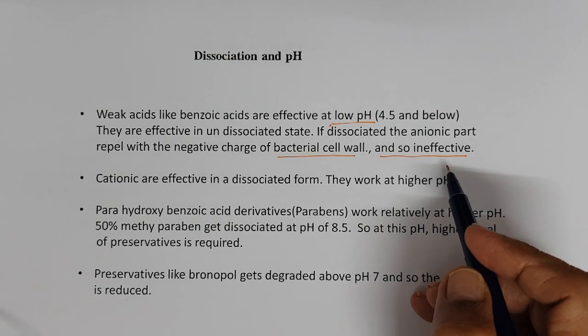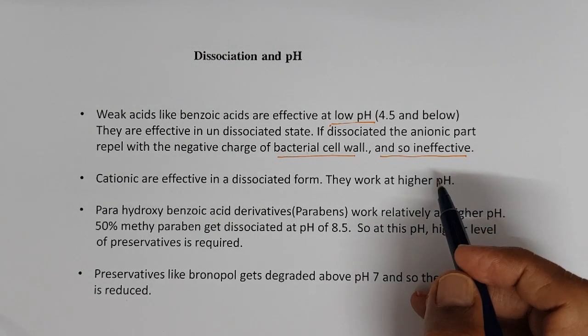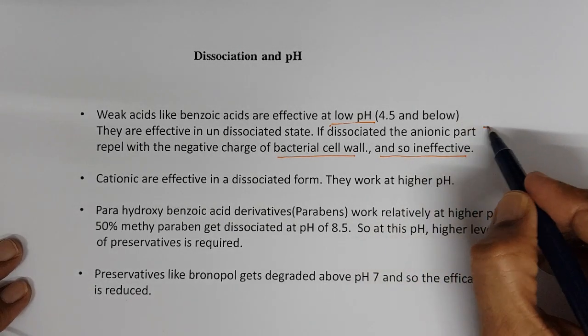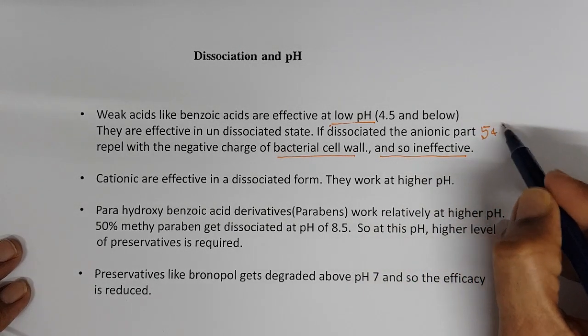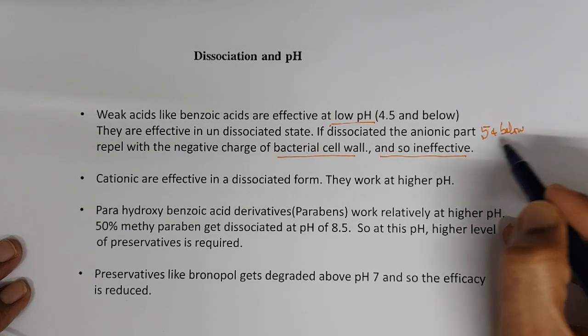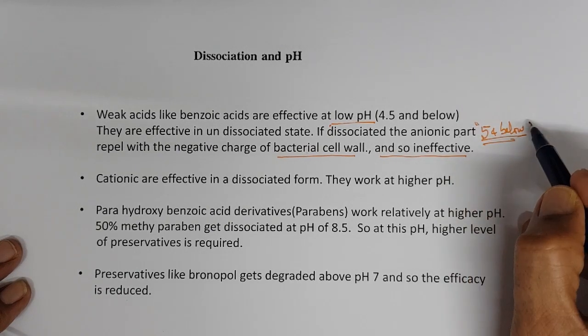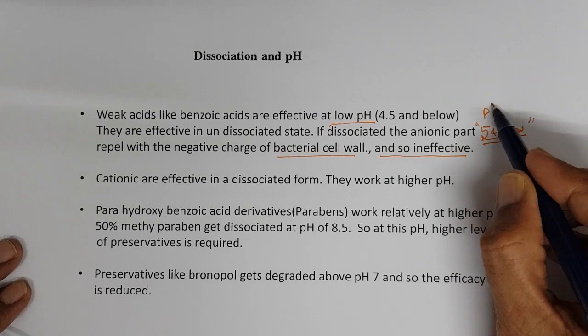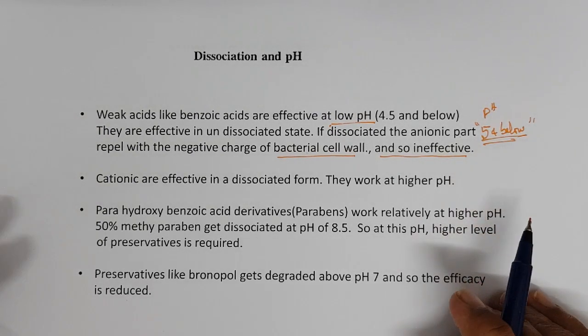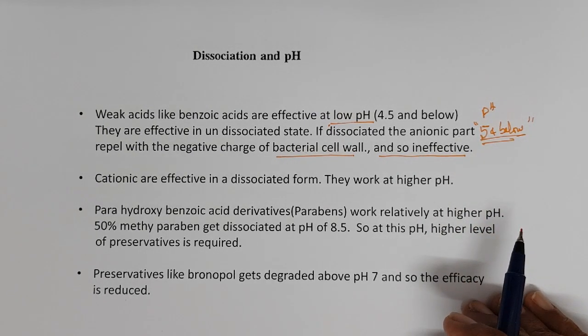So for weak acids like benzoic acid, the product should preferably be pH 5 and below. Above 5 it slowly starts losing its efficacy, right.